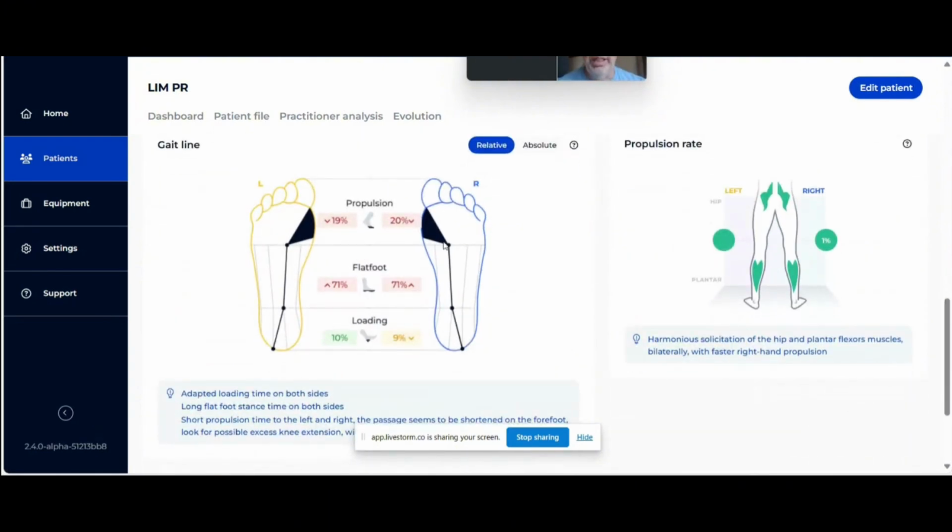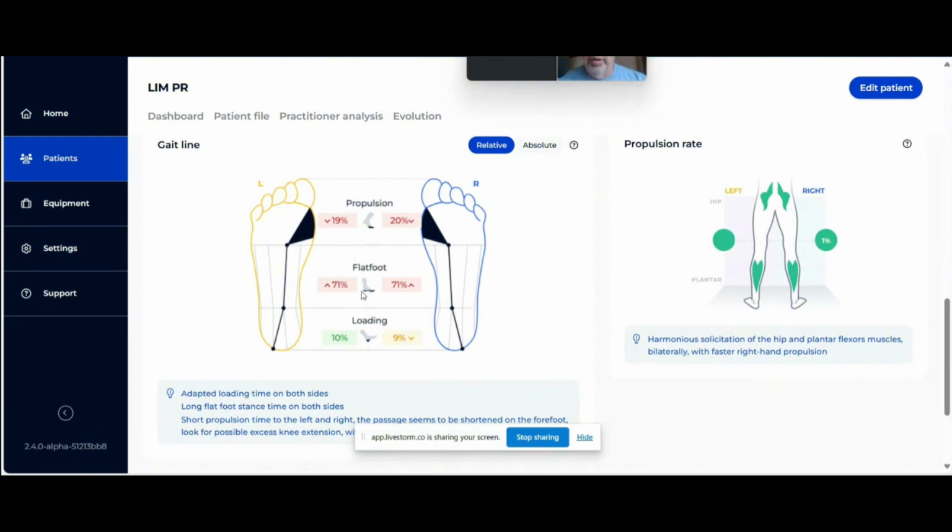So if we look at the gait line, the gait line is the center of pressure as we're going through the stance phase. It's not a pressure sensor, as most of you know, but we're using an algorithm that is associated with a pressure sensor relative to the foot position. And so the application is correlated to that.